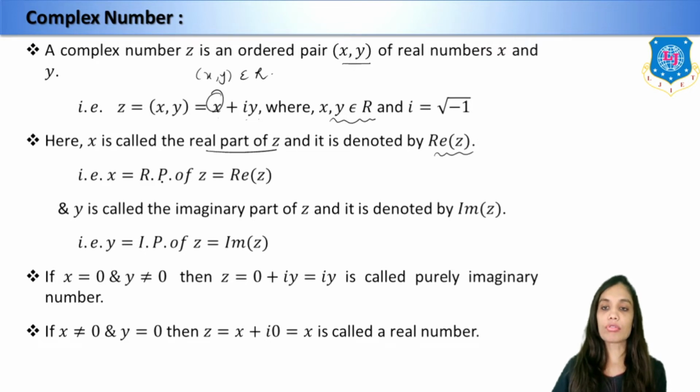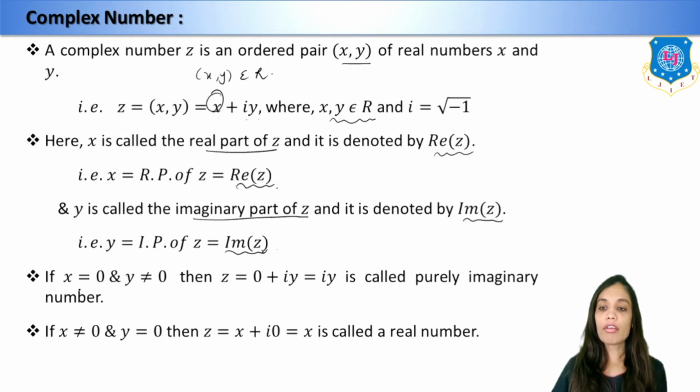So this is the notation of the real part of z. And y is called the imaginary part of z and it is denoted by Im of z.